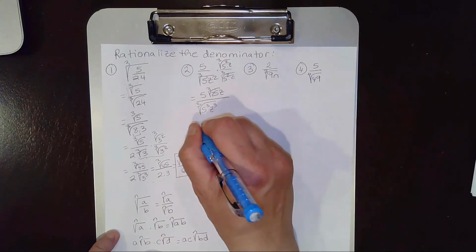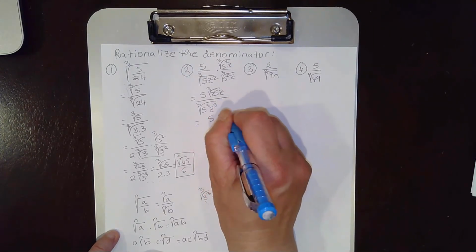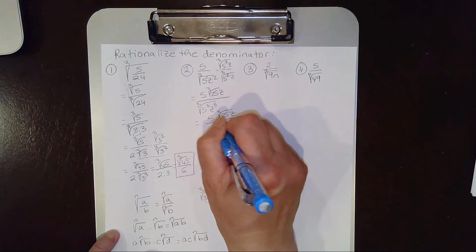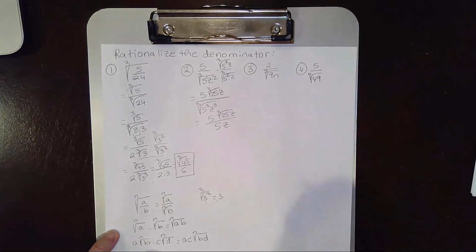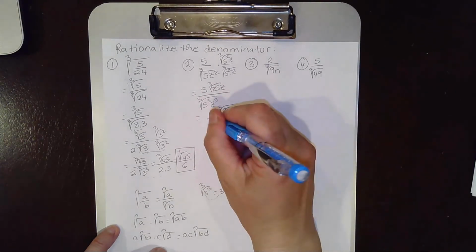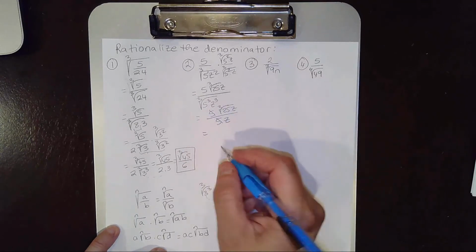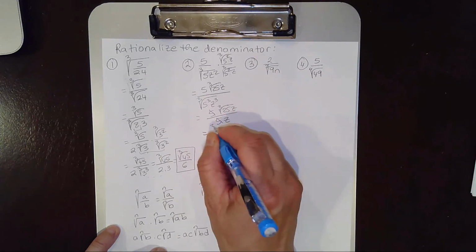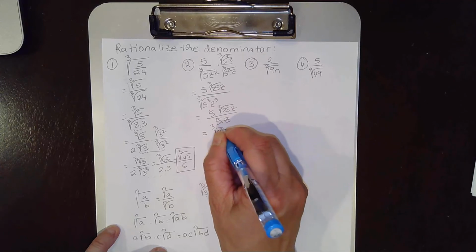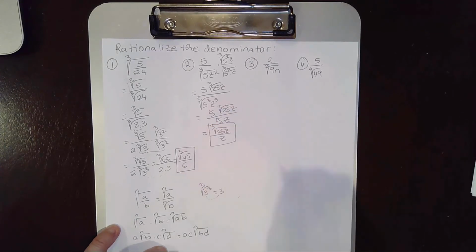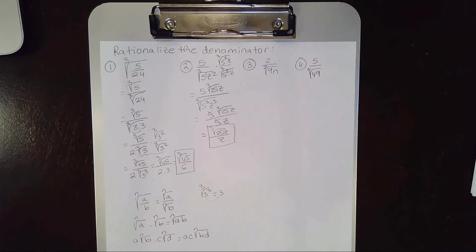And the denominator comes out as 5z. If you notice, the 5 and the 5 cancel out, and you're going to end up with cube root of 25z divided by z.